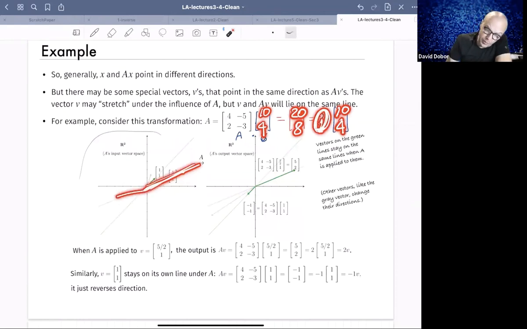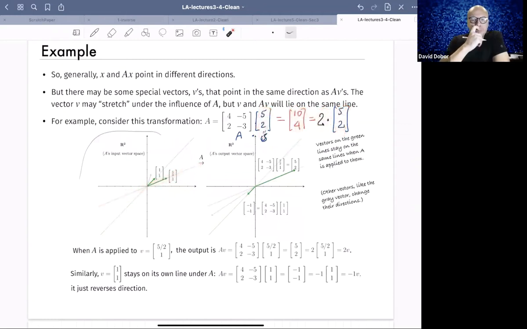Take a vector that points that way, still stretched 2 times. So that 2, that stretch factor, is the eigenvalue for the eigenvector. Which eigenvector? Any of the eigenvectors that lie in this line. In fact, I have an infinite number of eigenvectors. Any vector in that line is an eigenvector.